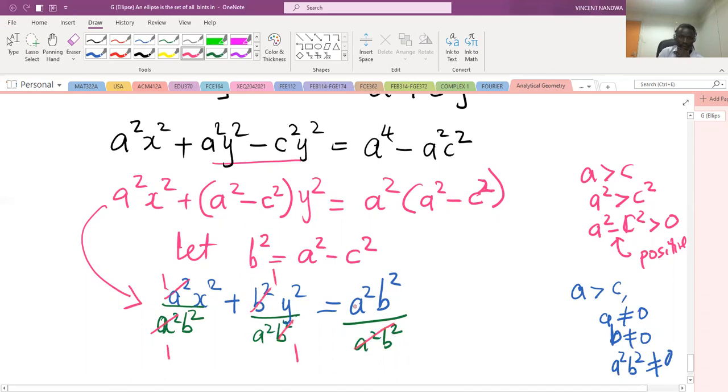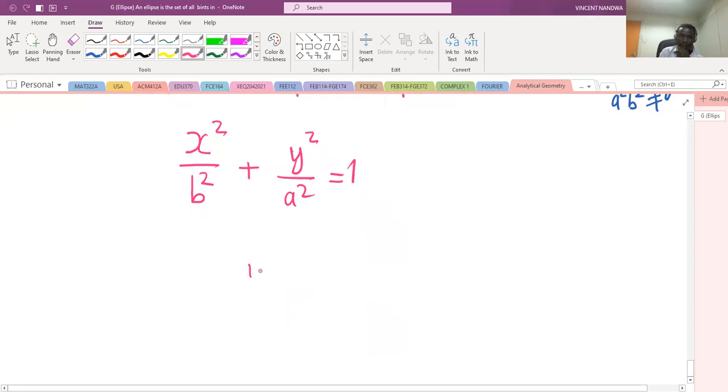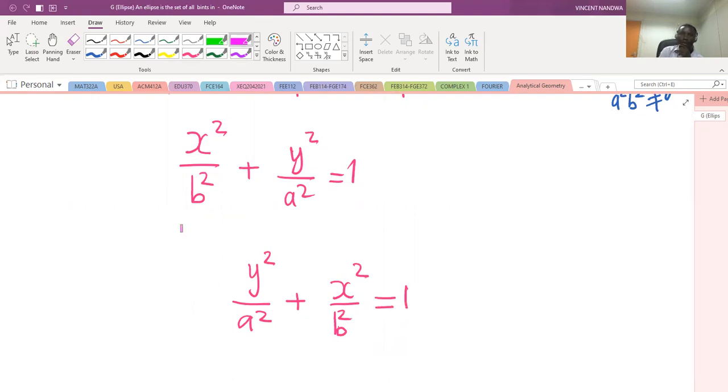This is 1, this is 1. So the next step will give us x squared over b squared plus y squared over a squared equals 1. So we can rearrange it as y squared over a squared plus x squared over b squared equals 1. So this is the equation that we are interested in.